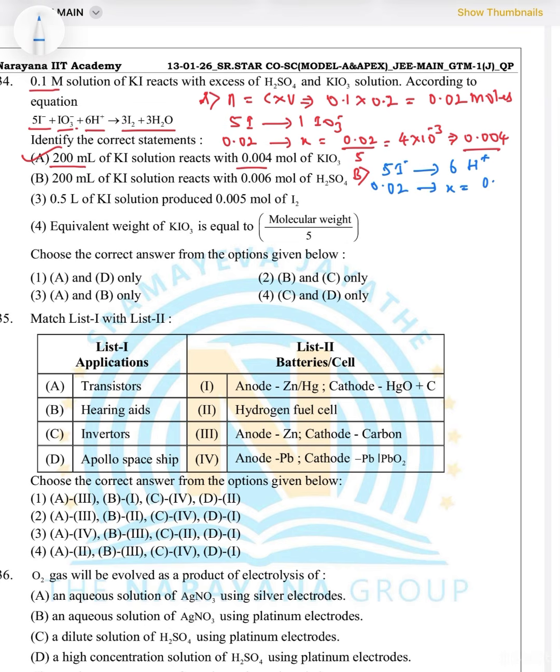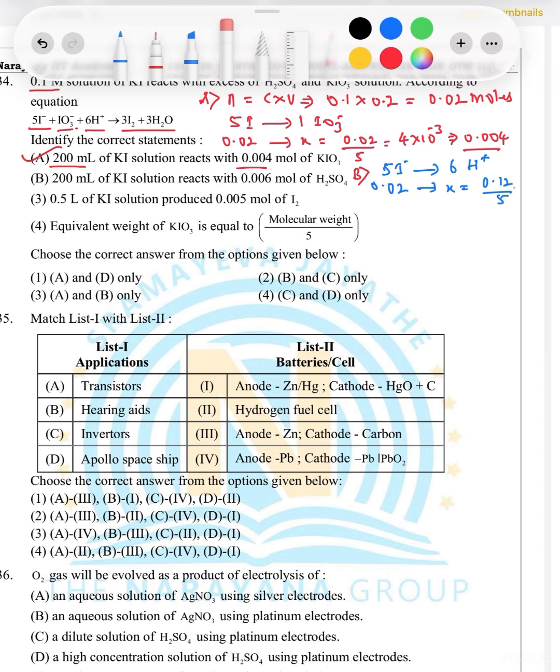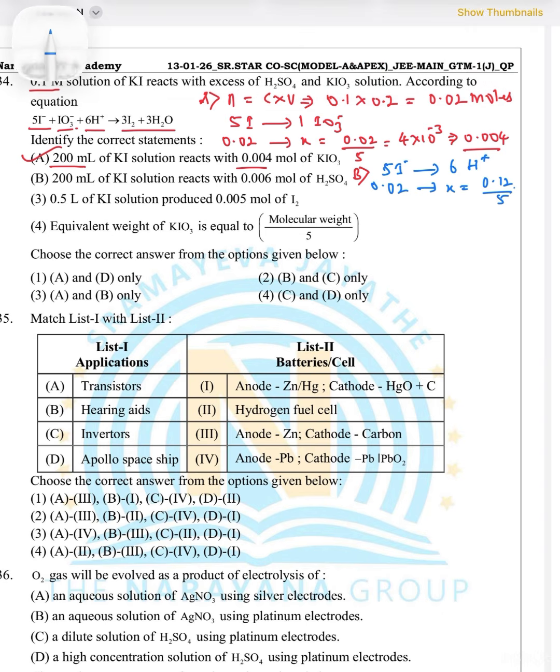That is 0.12 by 5 we will get, right? So 0.12 by 5 is equal to 0.024. X is equal to 0.024 moles. But here 0.006 is given. That is a wrong answer.